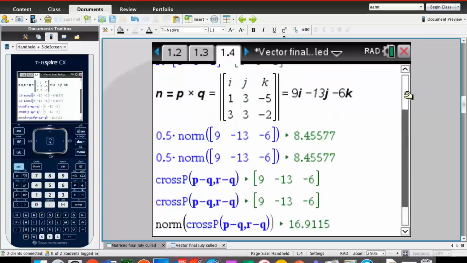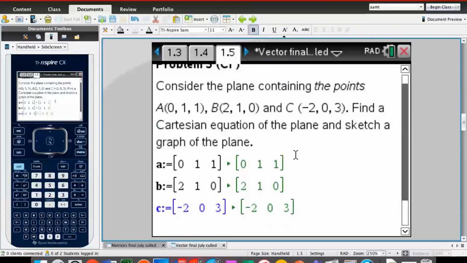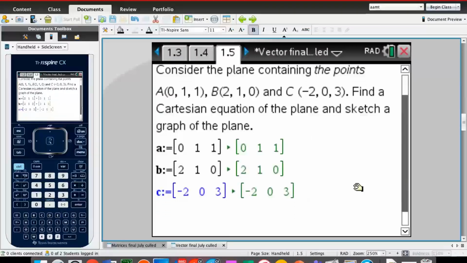Okay. Next question. So this time we want to find the Cartesian equation of the plane and sketch a graph of the plane. So once again, I've defined the 3 points, A, B, and C. So remember to define a point.